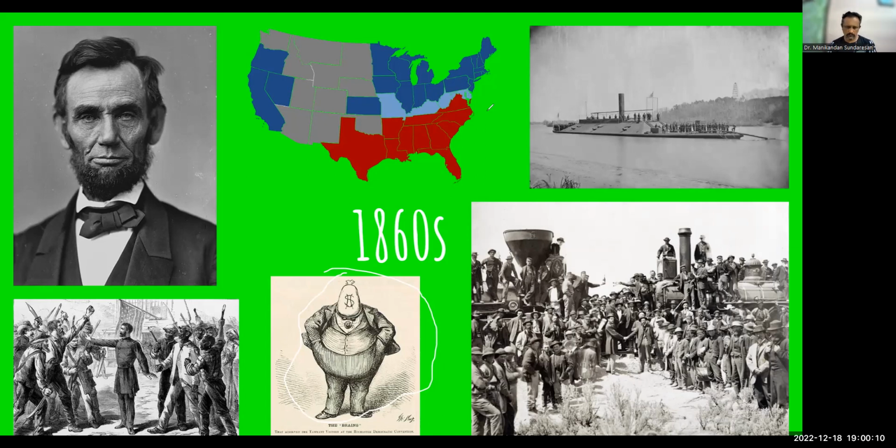The final thing was industrialization. We already saw how industrialization occurred in the war. And 1869 was the completion of the transcontinental railroad. This railroad ran from Omaha, a city in Nebraska, and connected with Sacramento, California.